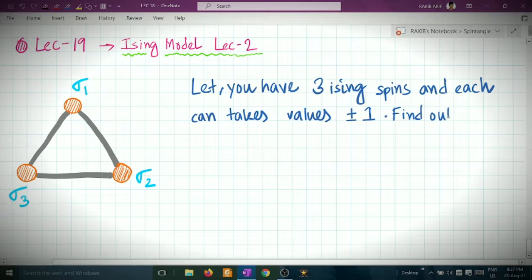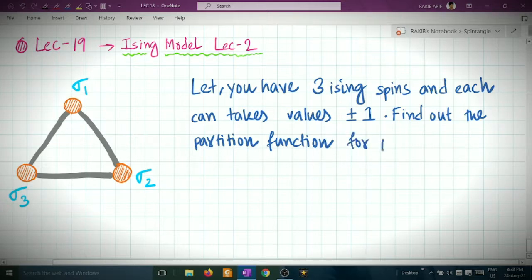Find out the partition function for the combination as shown.